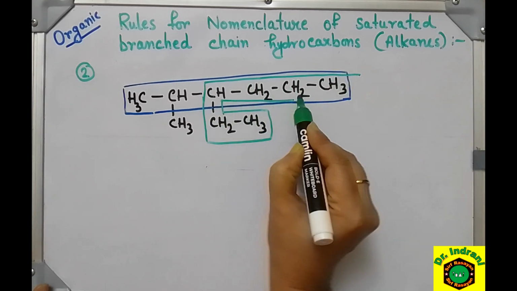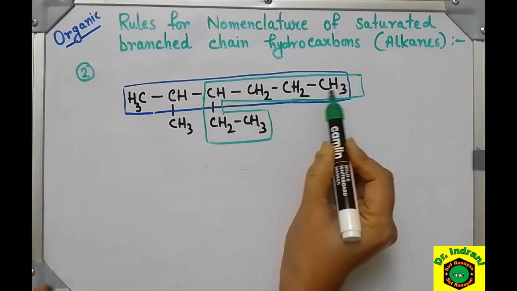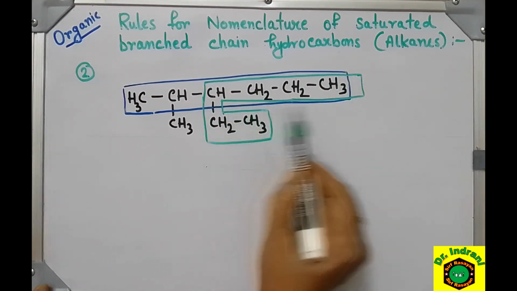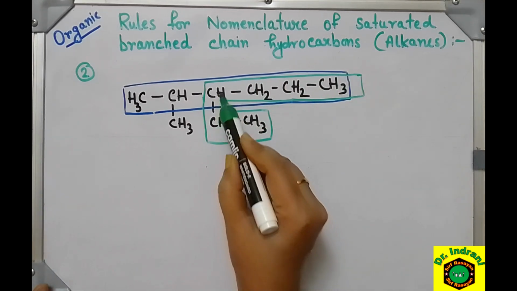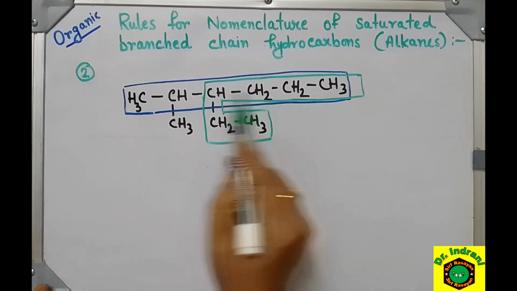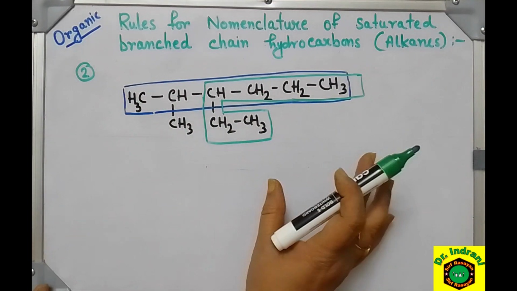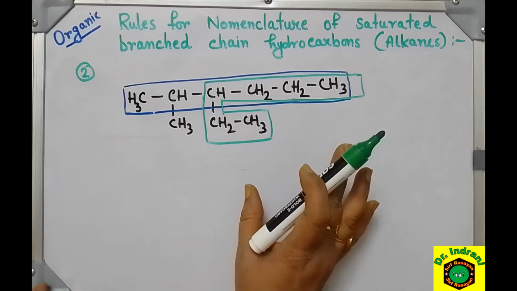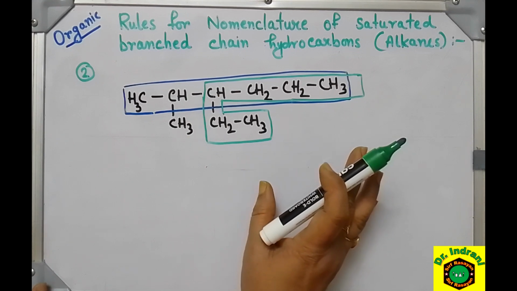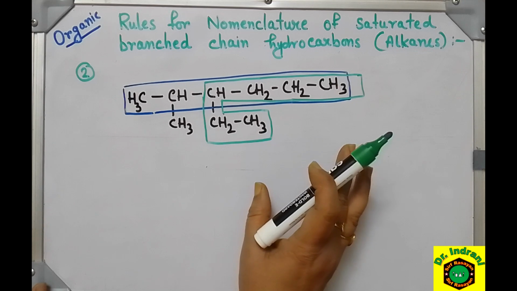That green portion has 1, 2, 3, 4, 5, 6 carbon atoms. So this can be the main chain. Which one do we have to take?